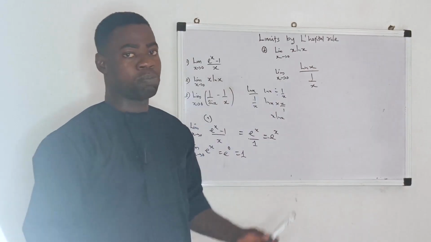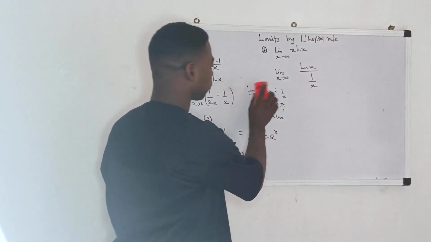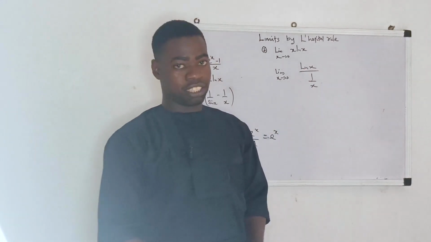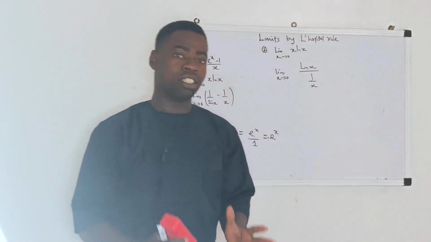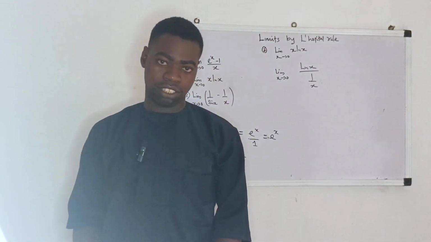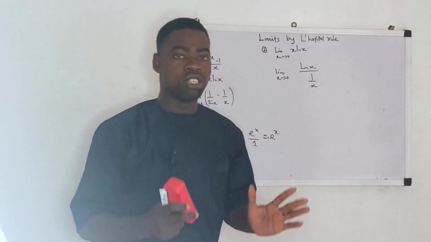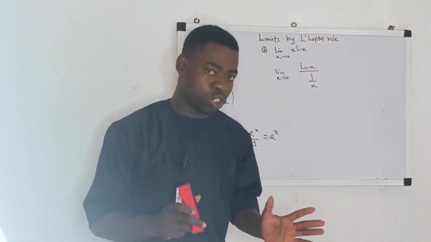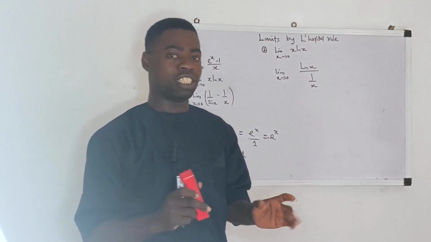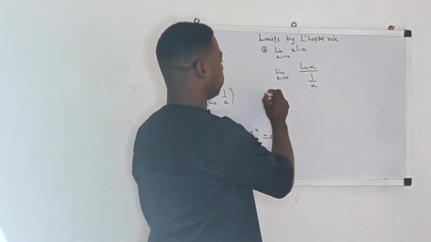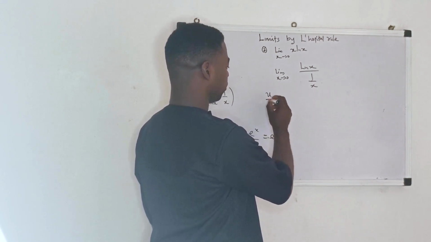So at this point, now that you know this is equivalent to the original, let's go ahead and apply our L'Hopital rule. If I differentiate ln x, I will get 1 divided by x. A simple way to know the result when differentiating the ln of a function is u prime divided by u.